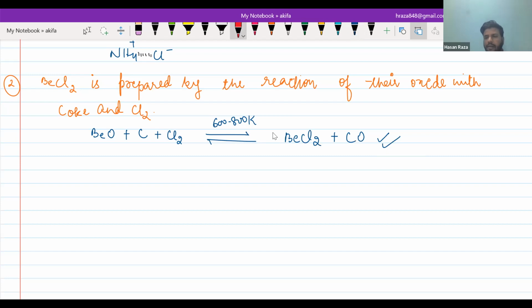Then we will take a reaction with liquid ammonia. We'll proceed with that.